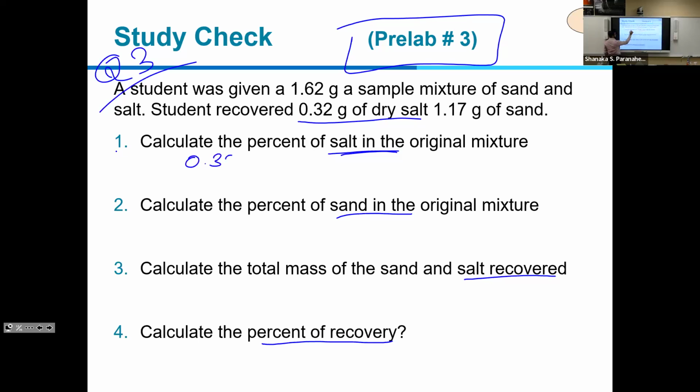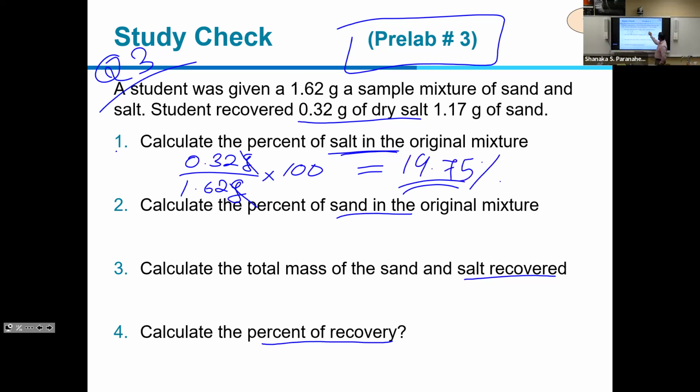And the total sample mass is 1.62 times 100. Percentage values don't have any unit because it's going to cancel out, and you get a percentage for the final answer. So when you divide 0.32 by 1.62 and times 100, it's 19.75.